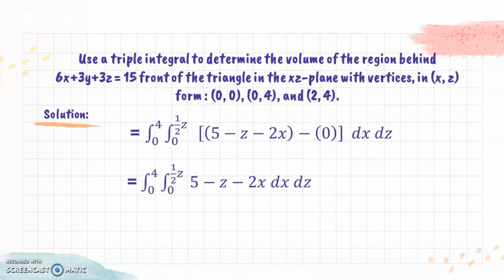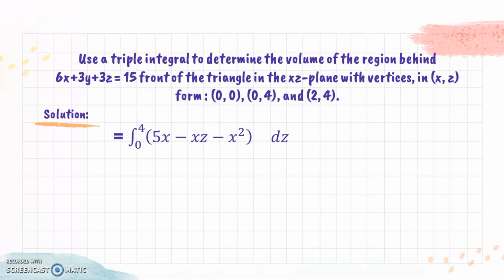Next, we will need to integrate this with respect to x. So the integral of 5 is 5x, the integral of negative z is negative xz, and the integral of negative 2x is negative 2x squared all over 2, or simply negative x squared.